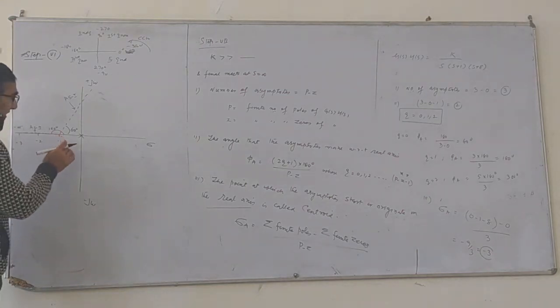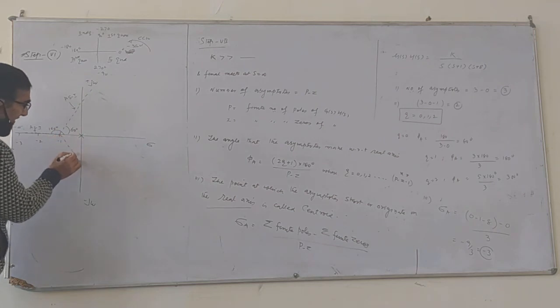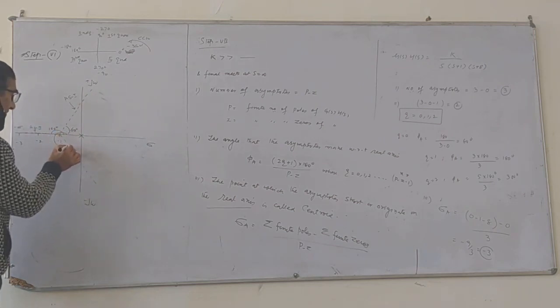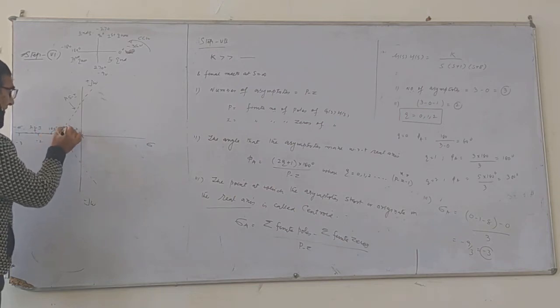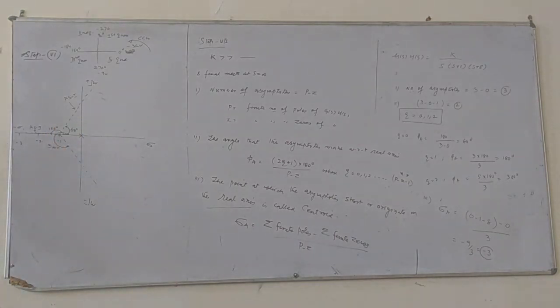Now what will be 300? This is complete is 360. So opposite of this will be exactly 300. So somewhere here it will be with respect to real axis. So this angle will be, this is the centroid. Now what is the centroid? Centroid is here.